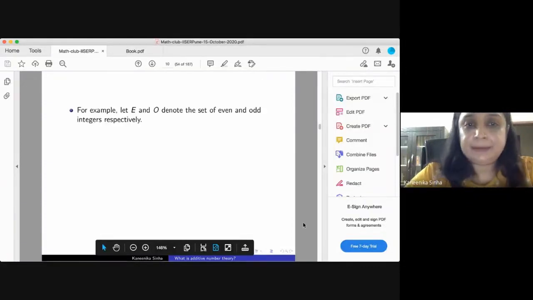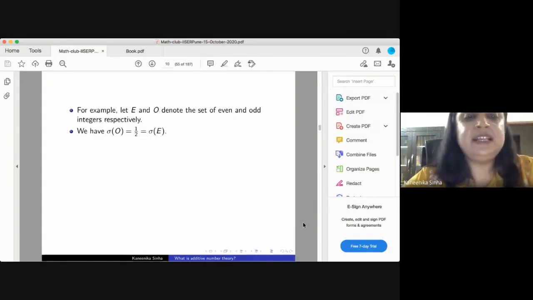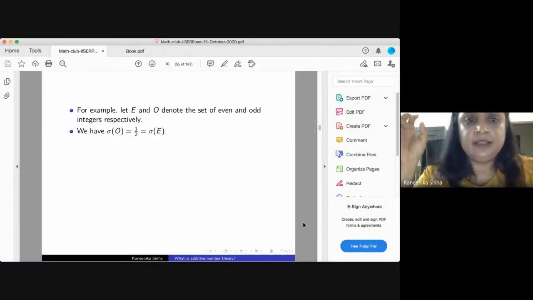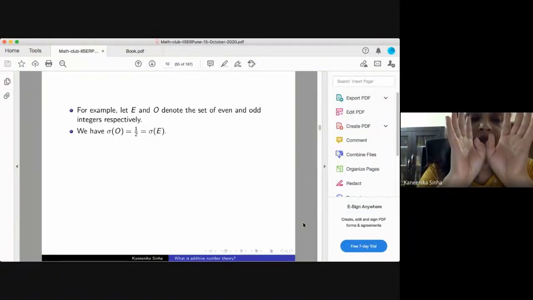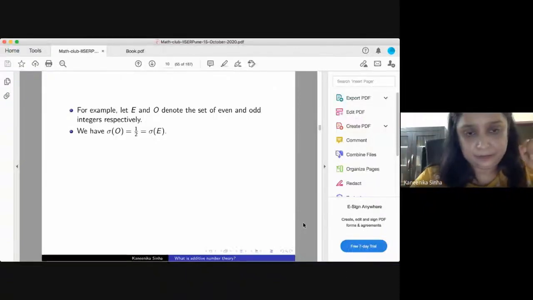Okay. So for example, let us take these very elementary sets, even numbers and odd numbers respectively. The natural density of odd numbers and even numbers, you can almost immediately verify, is half. And this is what you would even intuitively imagine, right? That among all the numbers, they are evenly distributed between odd and even.